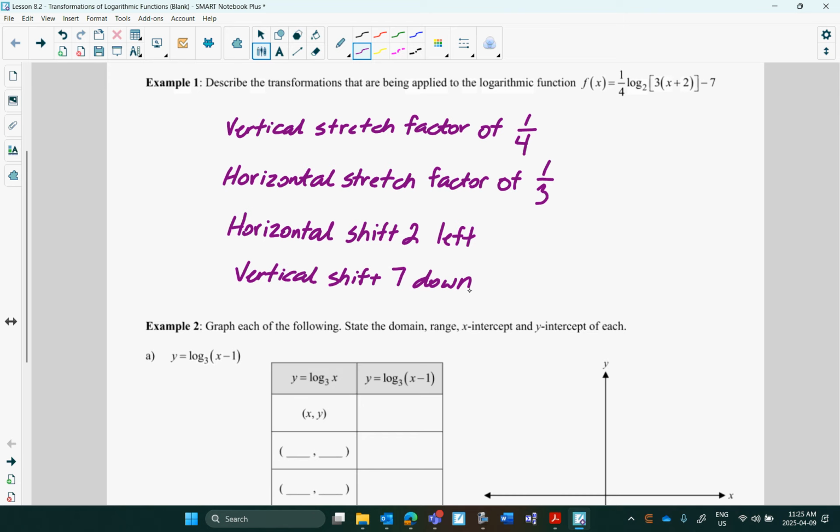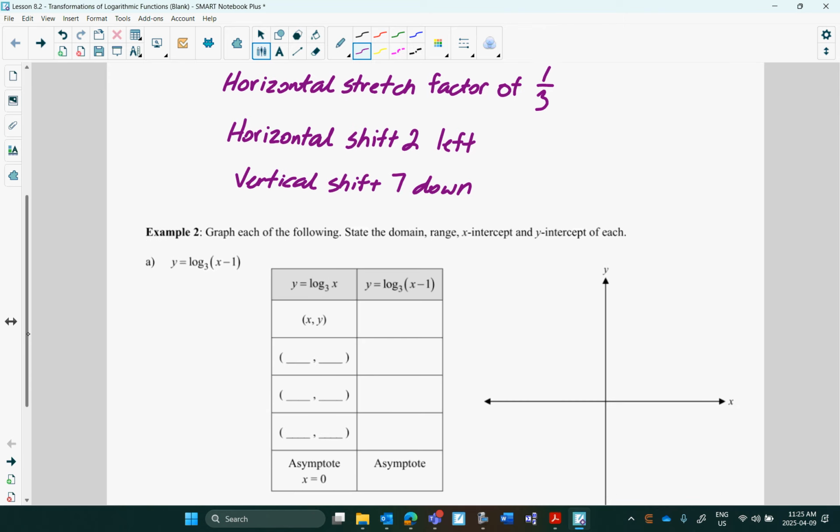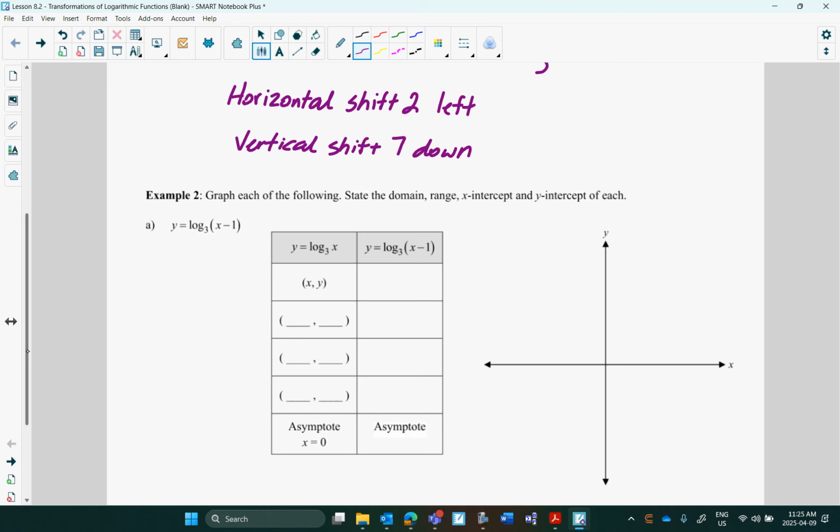All right. Let's graph some that have been transformed in one or more ways. Now remember, with exponential functions, don't copy this down yet. With exponential functions, they look like this, and they had a horizontal asymptote.